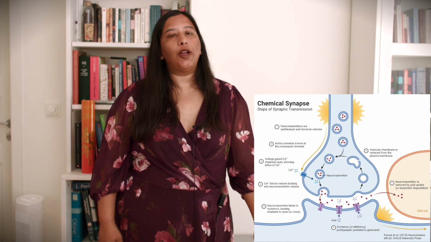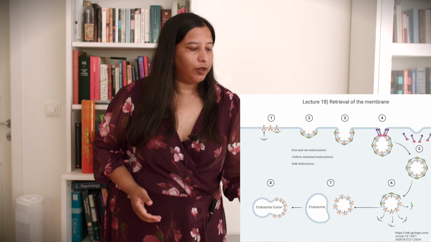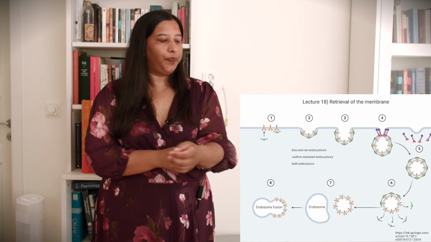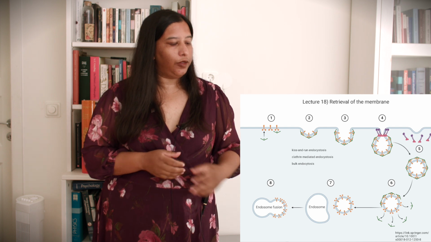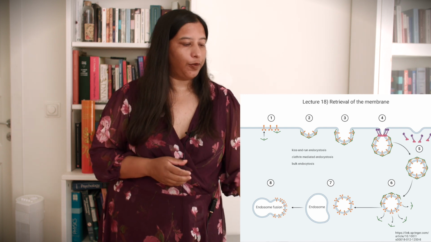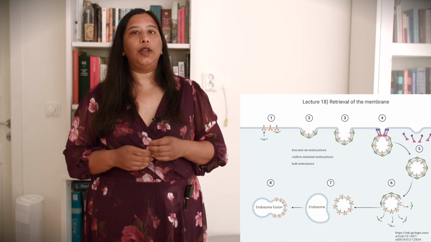So there's one more step left. We have to take care of the presynaptic neuron. It has made a lot of vesicles fuse with its plasma membrane, and if we don't retrieve these parts of membrane, the cell will keep growing. So the presynaptic neuron uses mainly three different mechanisms to retrieve this membrane.